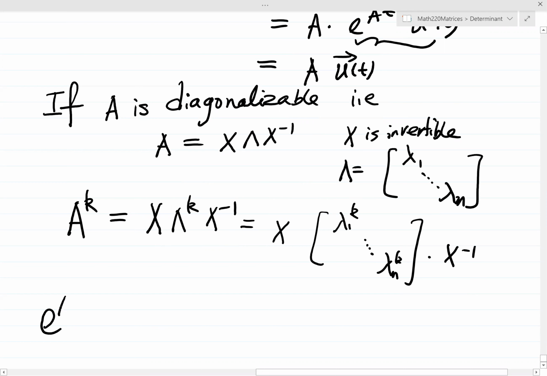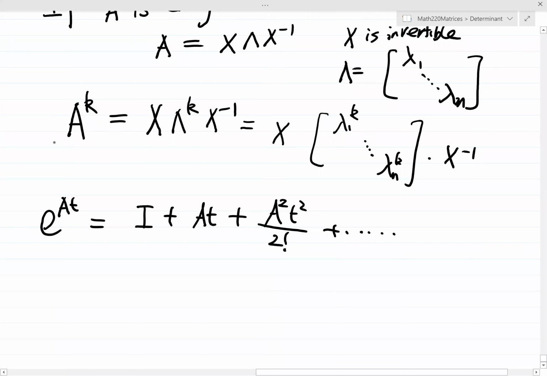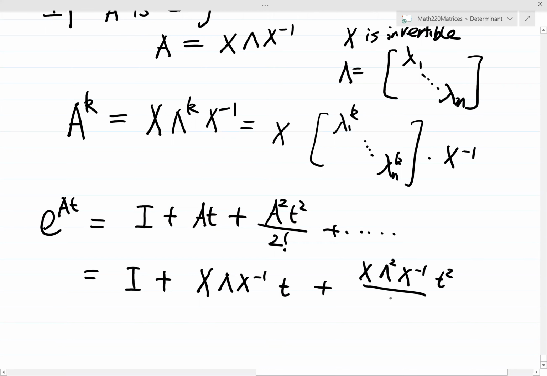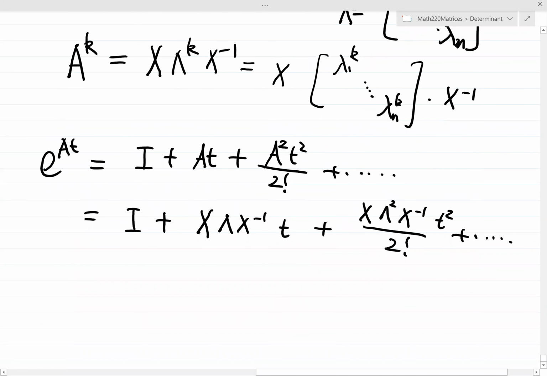So e to the At, if you use the definition, will be I plus X Gamma X inverse t plus X Gamma squared X inverse t squared over 2 factorial, and so on. Now if you write I as X times X inverse, you actually get X times X inverse here.